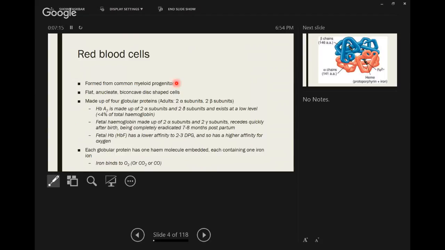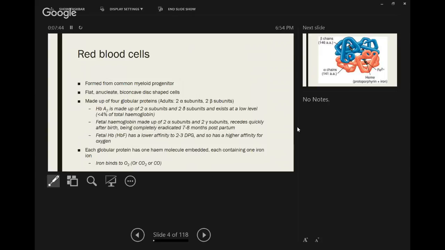There are also other types which exist in lower levels in the body, and it's important to know about them because they're what's altered when things go wrong. So hemoglobin A2 is made up of 2 alpha and 2 delta subunits, and it normally exists at less than 4%. Fetal hemoglobin is 2 alpha and 2 gamma subunits, and it's the majority of hemoglobin in the fetus, but it's eradicated 7 to 8 months after birth.